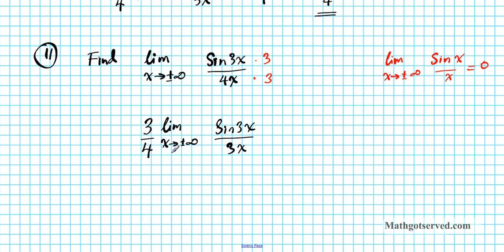Okay, so this entire limit is going to converge to 0 because this oscillates between plus or minus 1, whereas this gets infinitely large. It becomes an infinitely large negative number or an infinitely large positive number. Okay, so this becomes 3 over 4 times 0, and your final answer is 0. Okay, so there you have it.